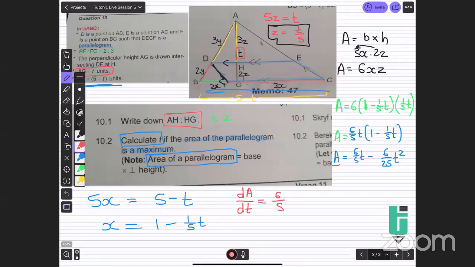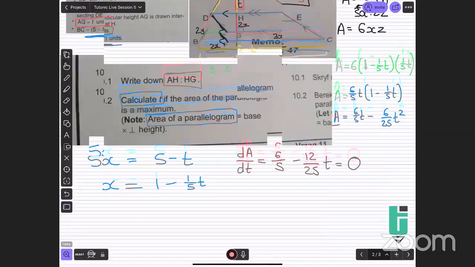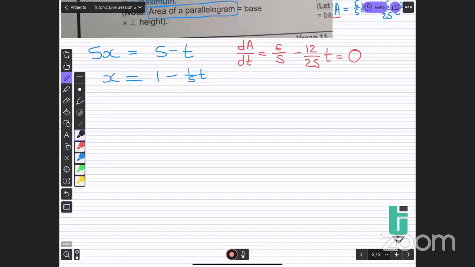6 over 5. And what's the second one going to be? Negative 12 over 25 t. Okay, so 6 over 5 equals 12 over 25 t, right?